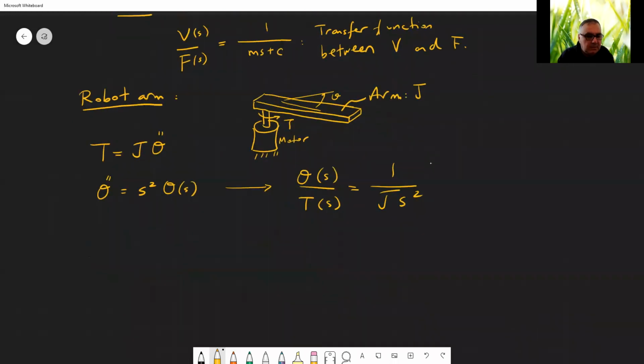For example, this is the transfer function between the input, which is the torque, and the output.